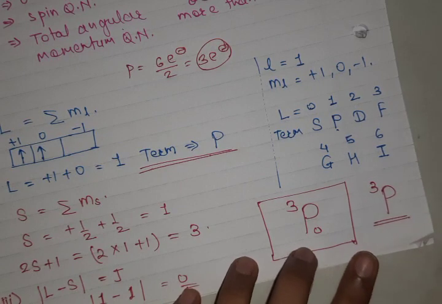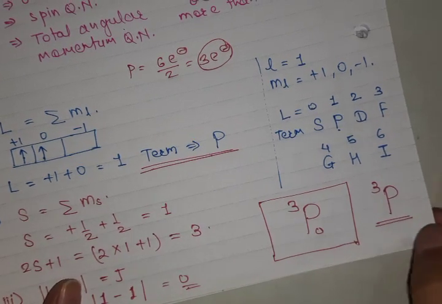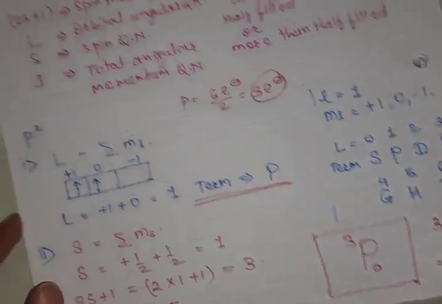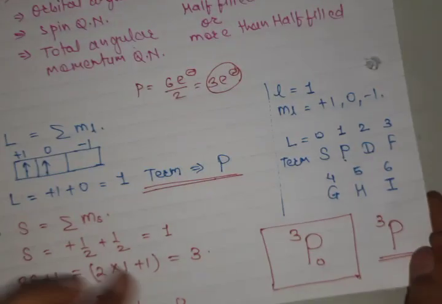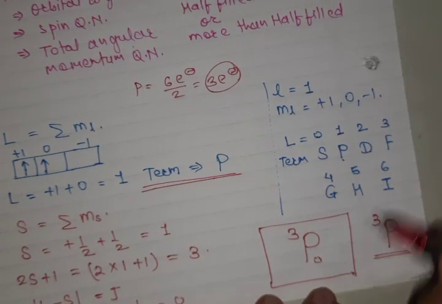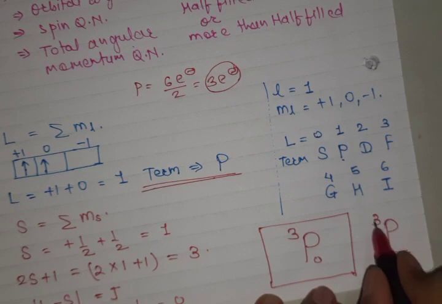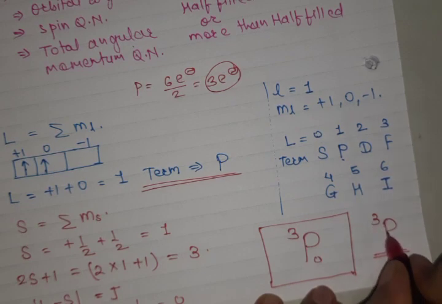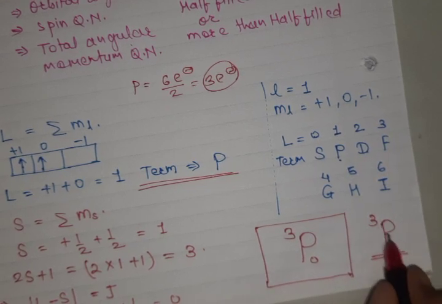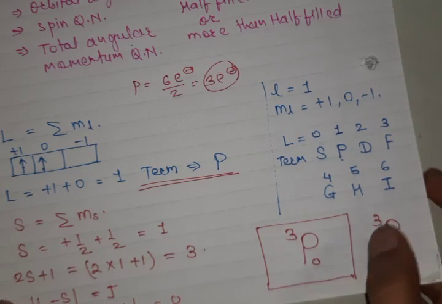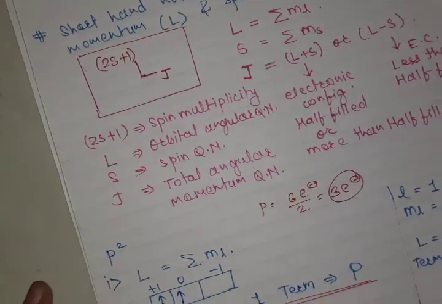So the term symbol for the p2 electronic configuration is P3. This 3 indicates triplet multiplicity of this P term. That's why it is P3.